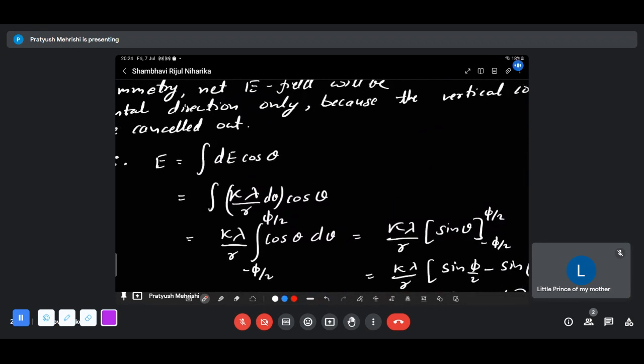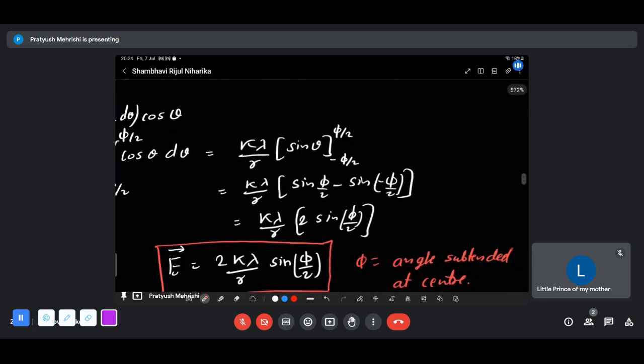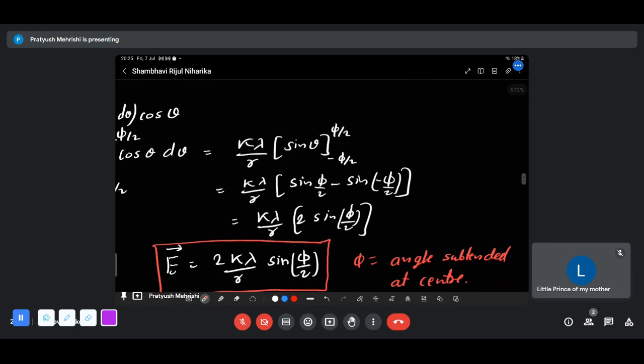Now integrate cos theta with respect to theta. Integrating cos theta gives sine theta. Upper limit minus lower limit, from minus phi by 2 to plus phi by 2.